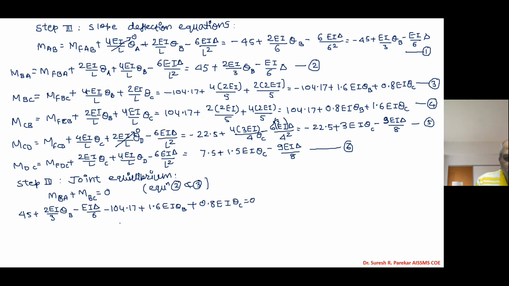And from this we will get 6.8 EI theta B upon 3 plus 0.8 EI theta C minus EI delta by 6 equal to 59.17. This is equation A.